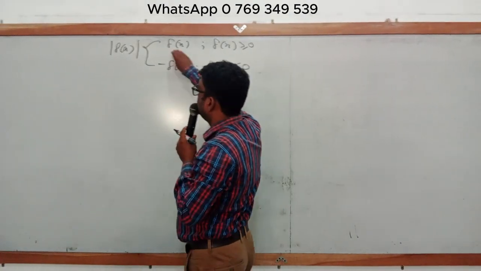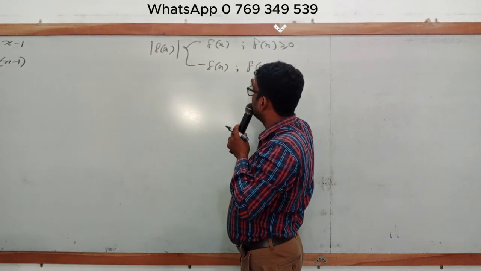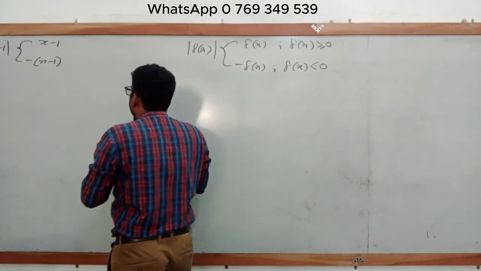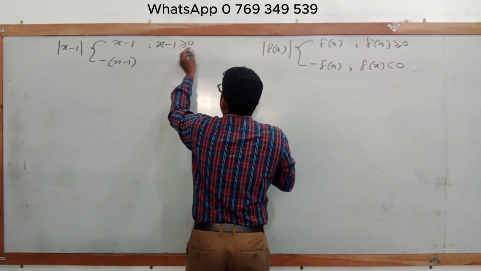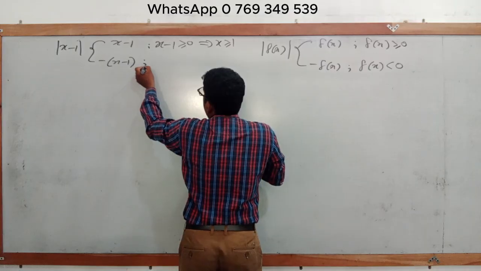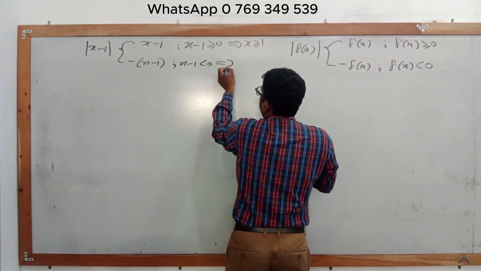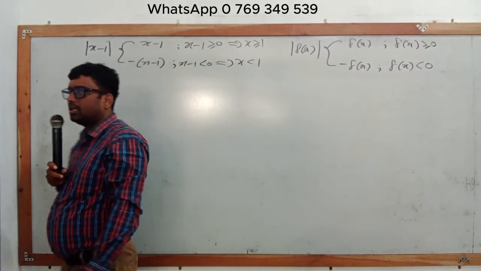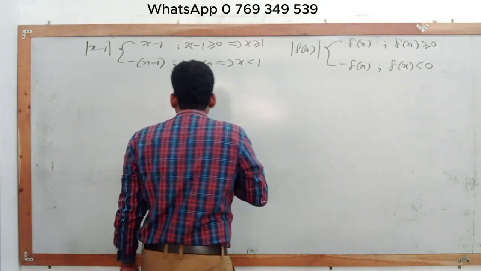If fx is positive we use it as positive. If fx is negative, we use it with the negative sign, multiplied by negative. And here also the same: x minus 1 greater than or equal to 0, therefore we take x greater than or equal to 1. Here x minus 1 lower than 0, then we take x lower than 1 like that. Right? That is the answer.